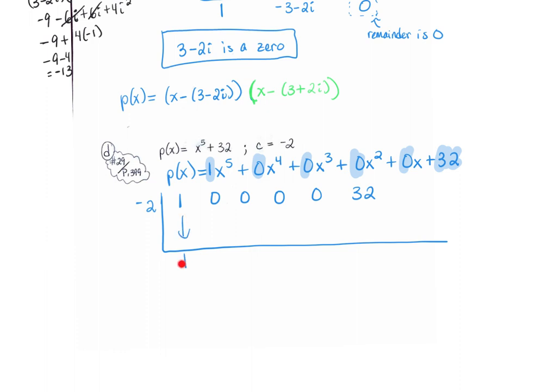Multiply 1 times -2. You get -2. Add, you get -2. -2 times -2 is 4.